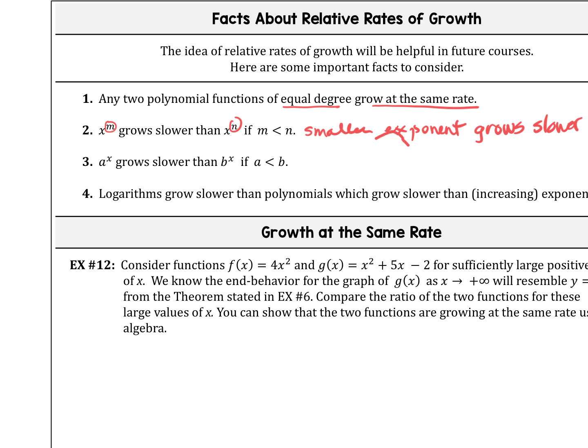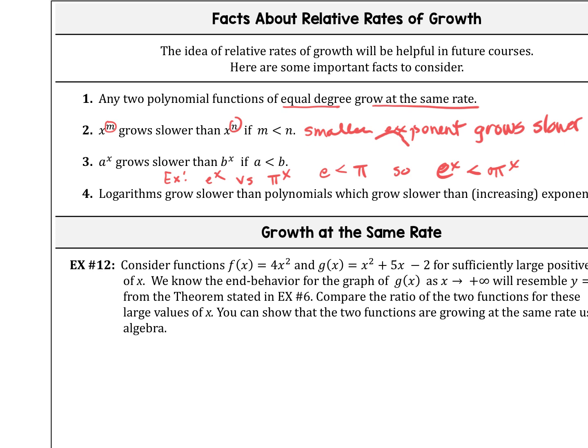In other words, if you have two exponentials, this is like e versus pi, isn't it? So for example, this would be e to the x versus pi to the x. E is smaller than pi, so e to the x is less than pi to the x. Get it?